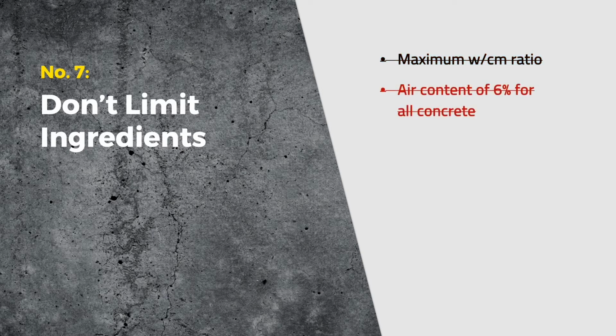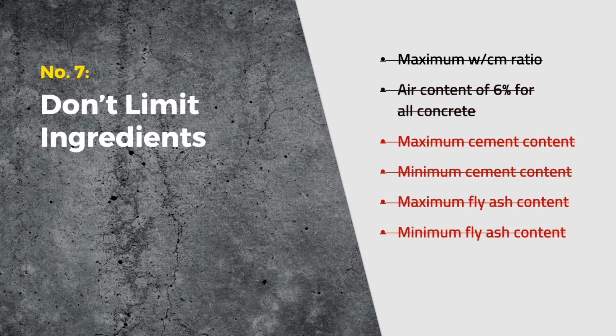The same is true for air content. It's only required for concrete exposed to freezing and thawing. Air entraining decreases concrete strength. For instance, a 10% decrease in cementitious material content for 4,000 psi air-entrained concrete compared to non-air entrained concrete for the same strength would roughly translate to a 9% increase in carbon footprint.